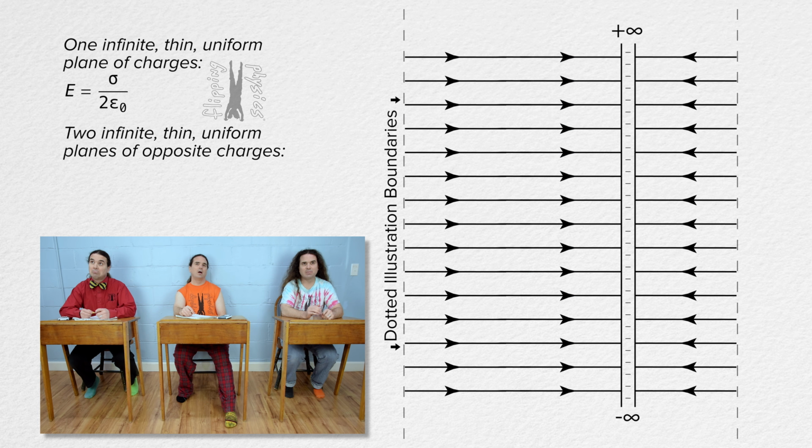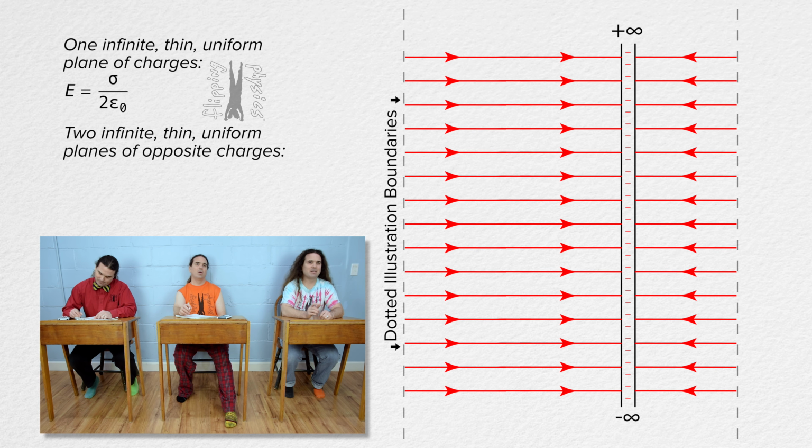The electric field from the negatively charged plane, let's make it red, is also uniform everywhere. However, that electric field points towards the negatively charged plane because electric fields are defined using a small positive test charge, and a positive test charge would be attracted to the negatively charged plane.